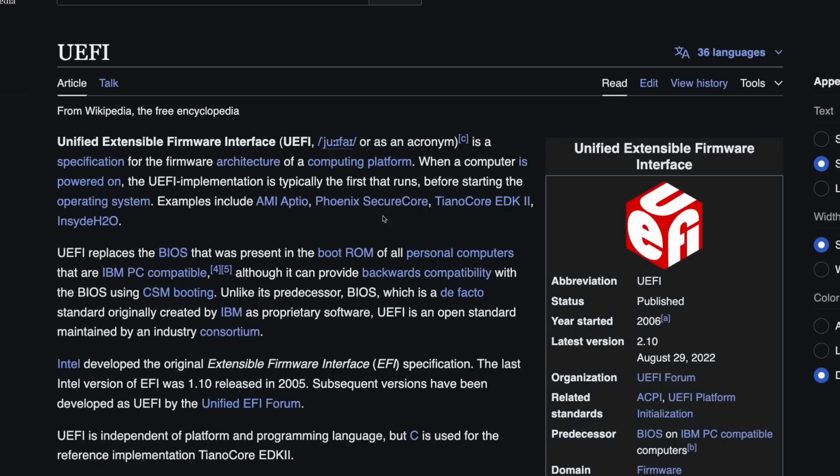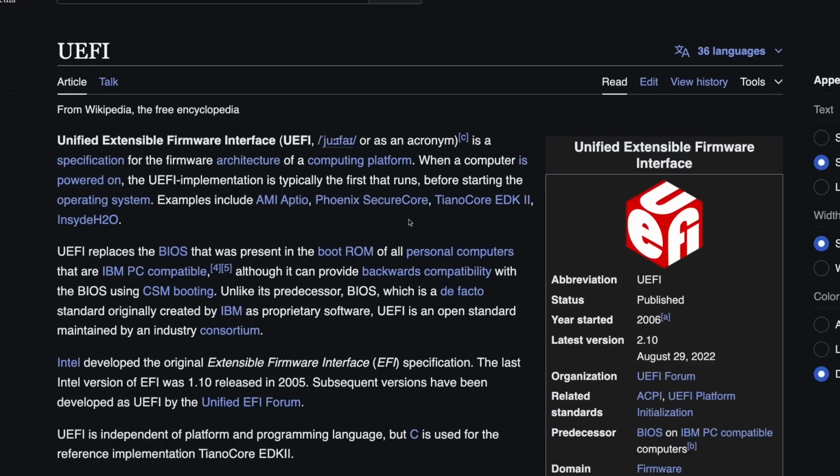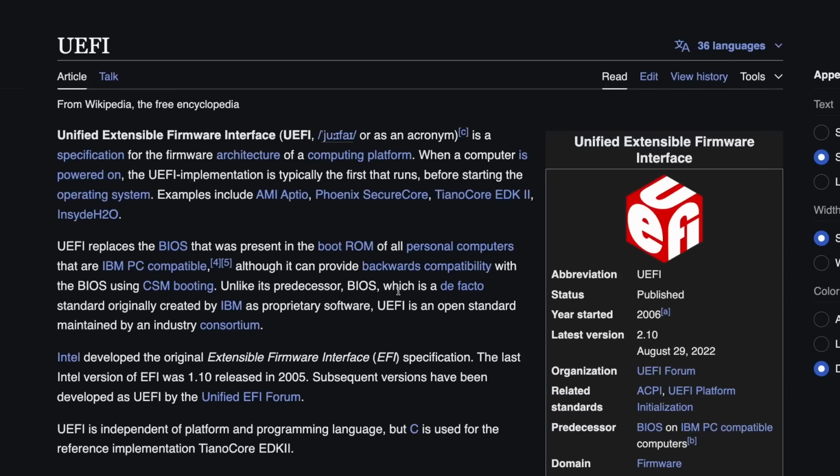Since, I believe, 2006, the BIOSes of the original days moved on to something known as UEFI, which are much more modern versions of BIOSes. But ultimately, all of this is just technical jargon, because realistically, we're talking about that boot process. When a motherboard fires up, it looks through what is known as an EFI partition for most modern operating systems like Windows 11, even Windows 10, and most modern Linux distributions.